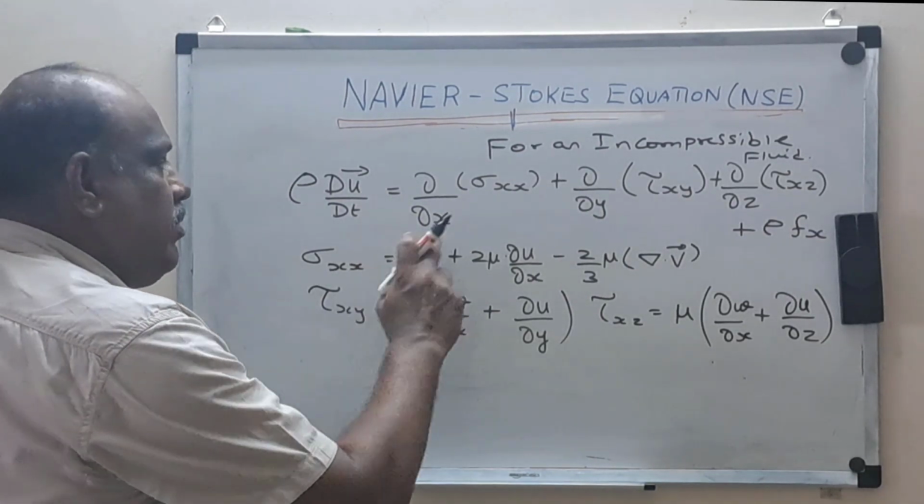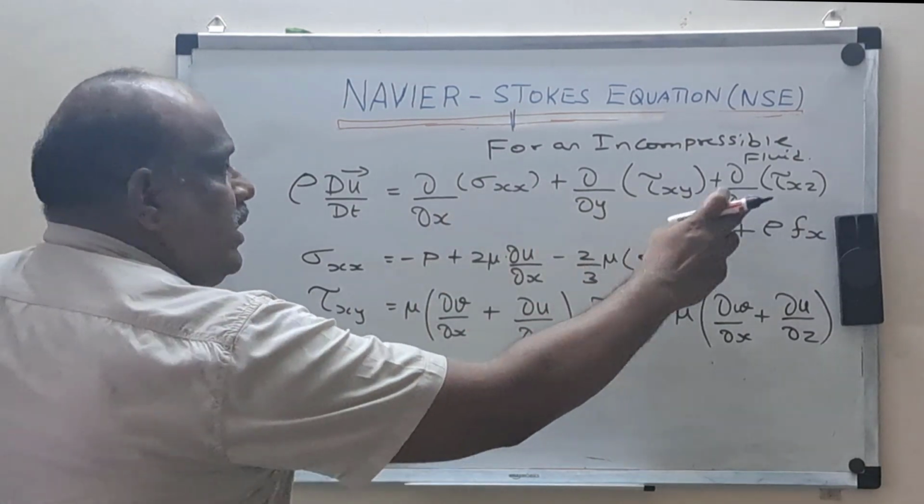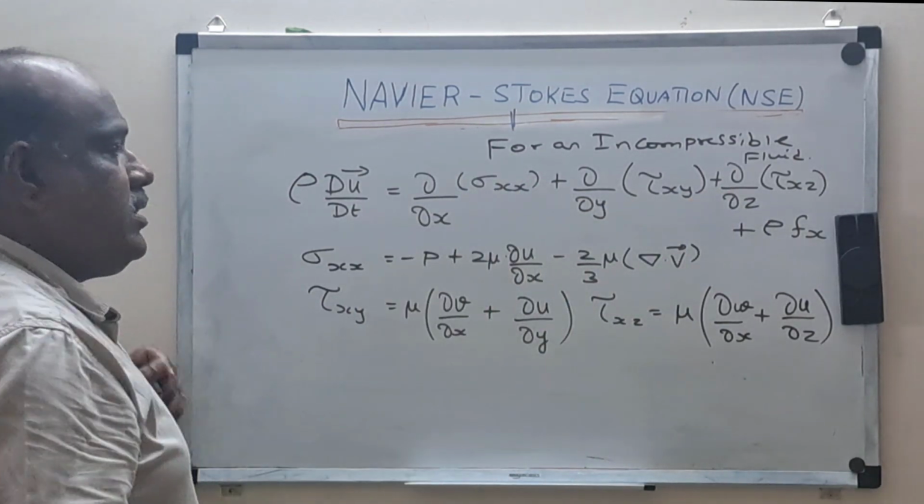So we will substitute the values of sigma xx, tau xy and tau xz in the right hand side of this equation.